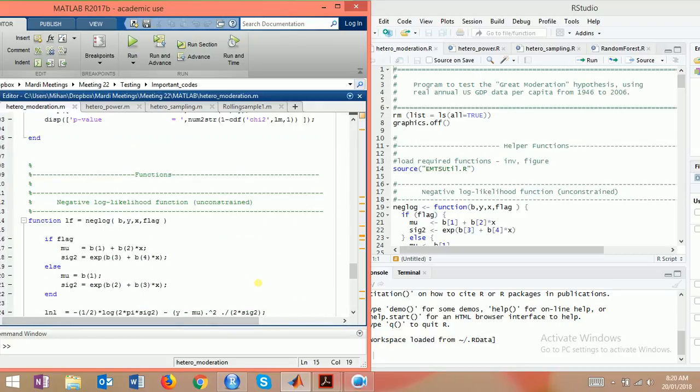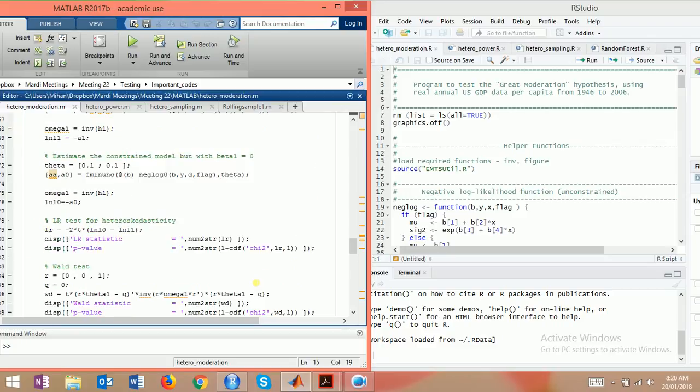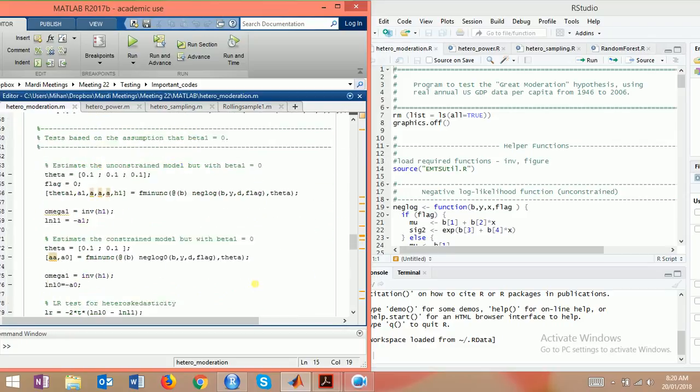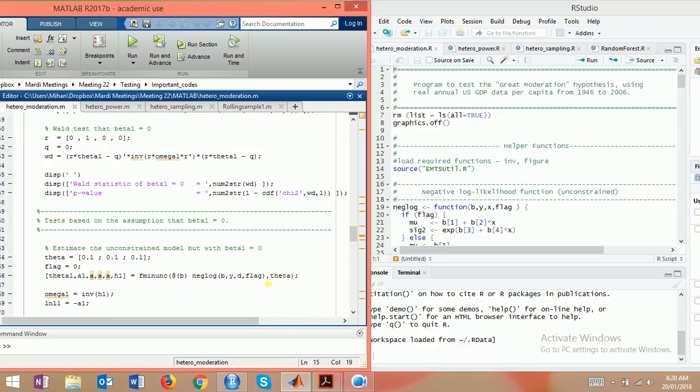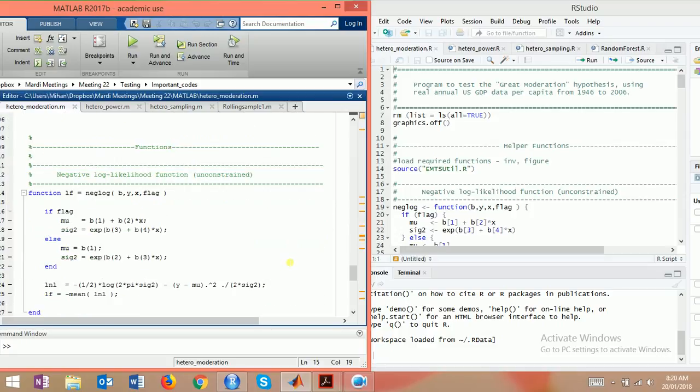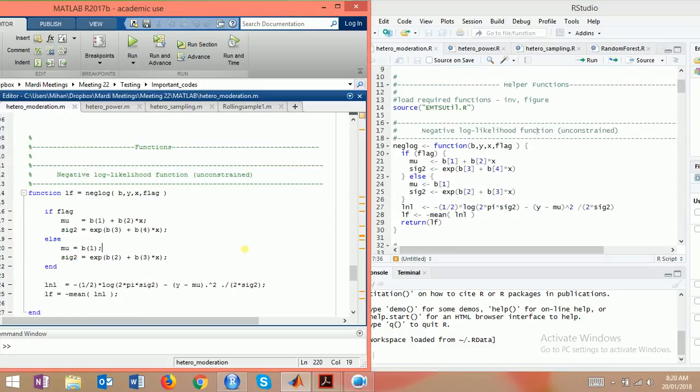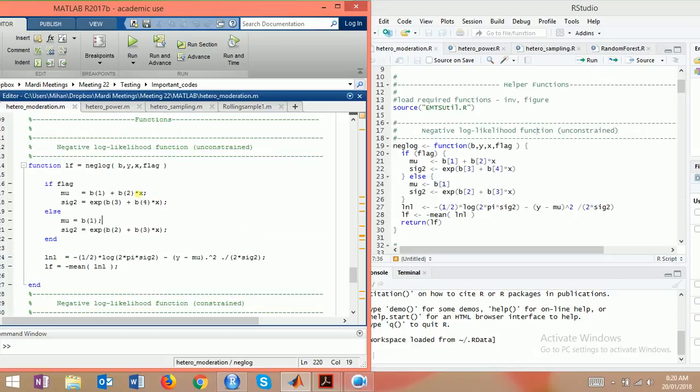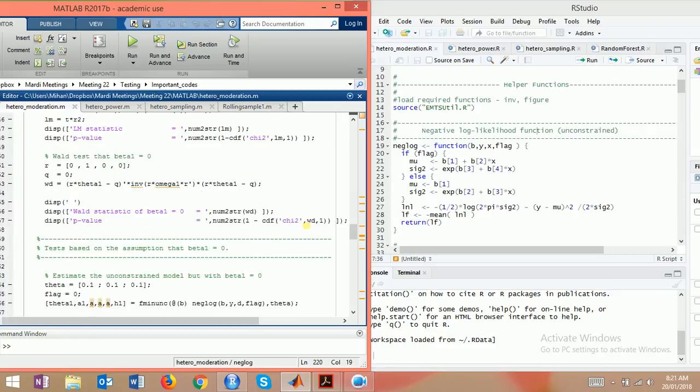Basically, what do we do? Negative log likelihood function. We do that if flag. So we have a flag. If flag is set, it is constrained or unconstrained, right?